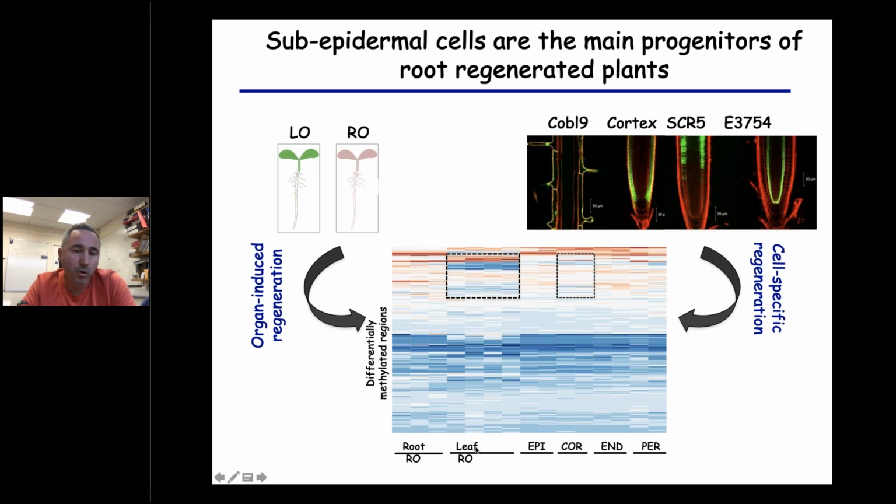We found that all the plants that were cloned from roots resemble significantly sub-epidermal cells. So this suggests that even when we induce these somatic embryos in our system, most of the cells that contribute to these clonal plants are sub-epidermal.